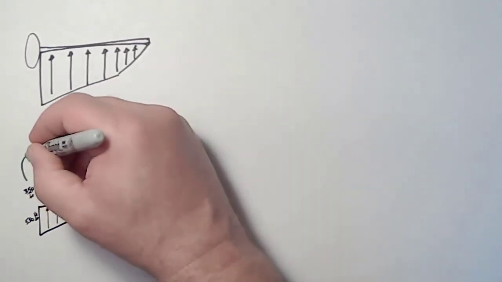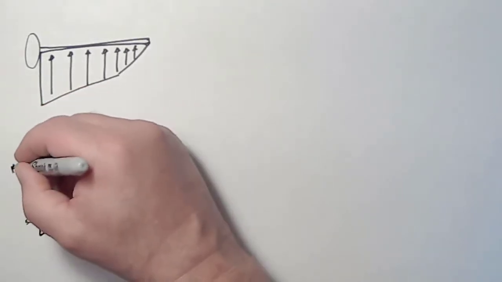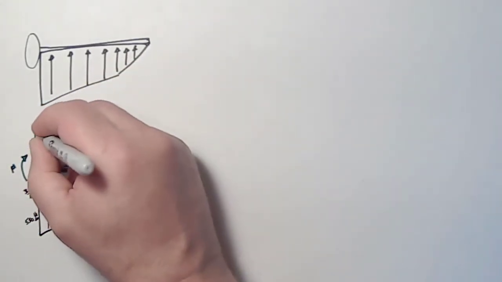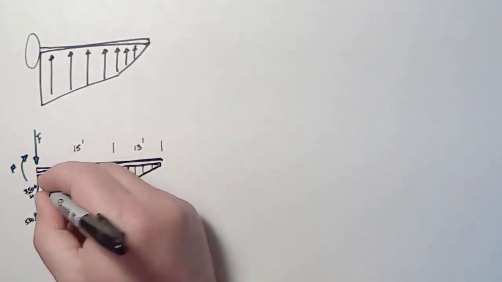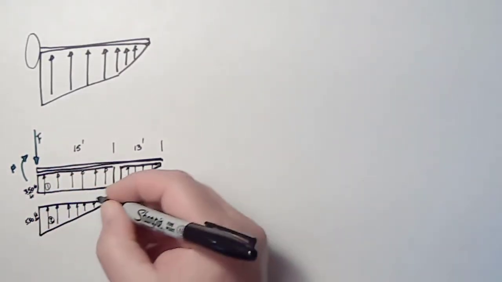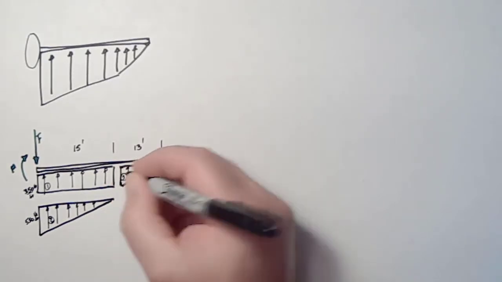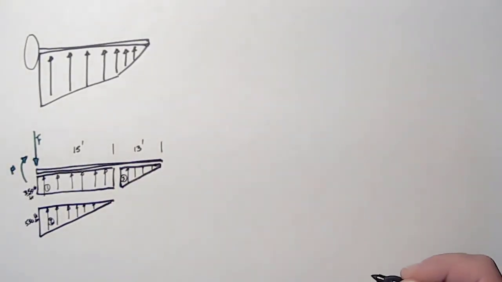So there's an opposing moment going that way. And the question is, what is that moment? Okay, first of all, let's find the forces. I will call this area 1, this area 2, and this area 3.